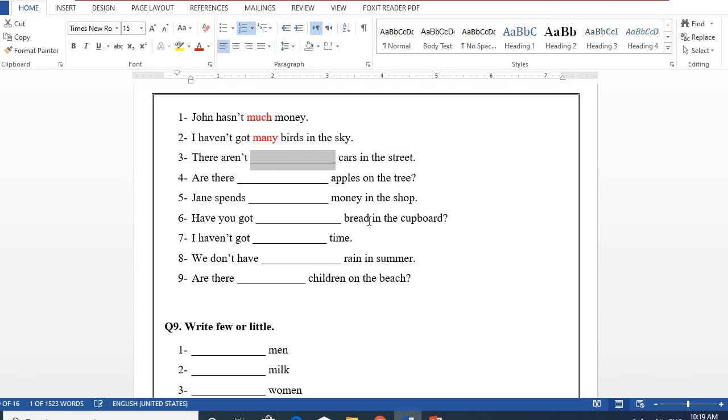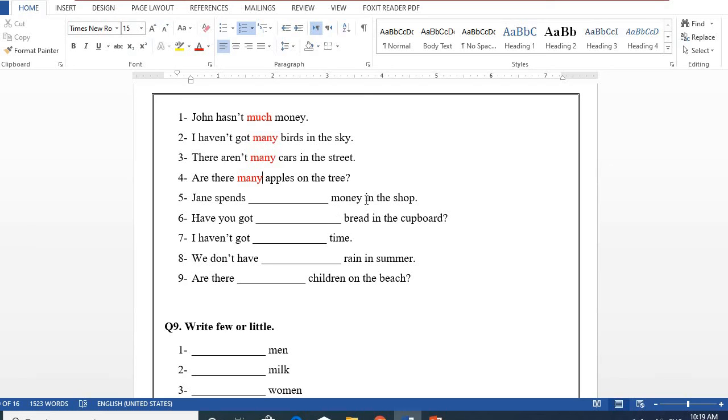Cars is also a countable noun because it is plural. And my sentence is negative, so there aren't many cars in the street. Are there apples on the tree? Apples is also a countable noun. So, are there many apples on the tree?